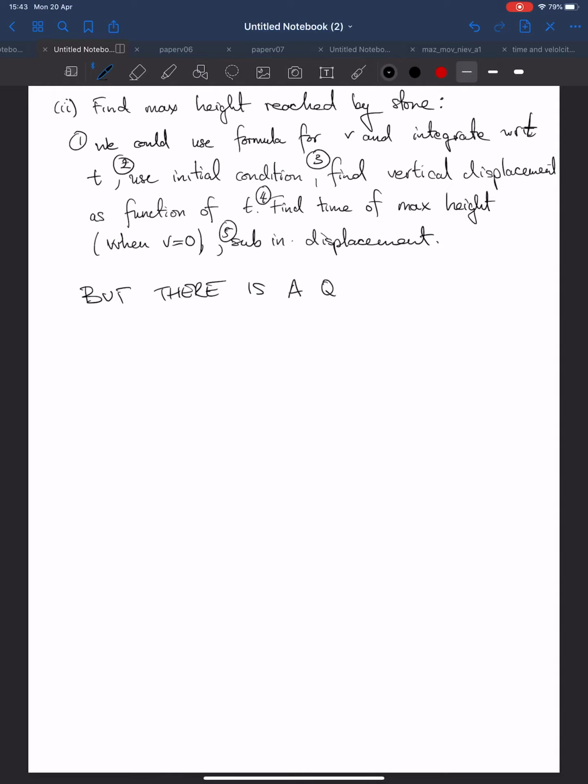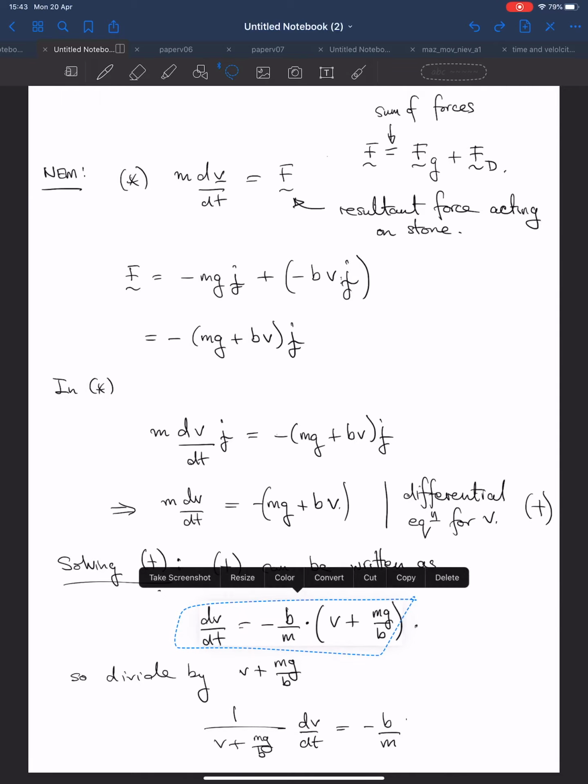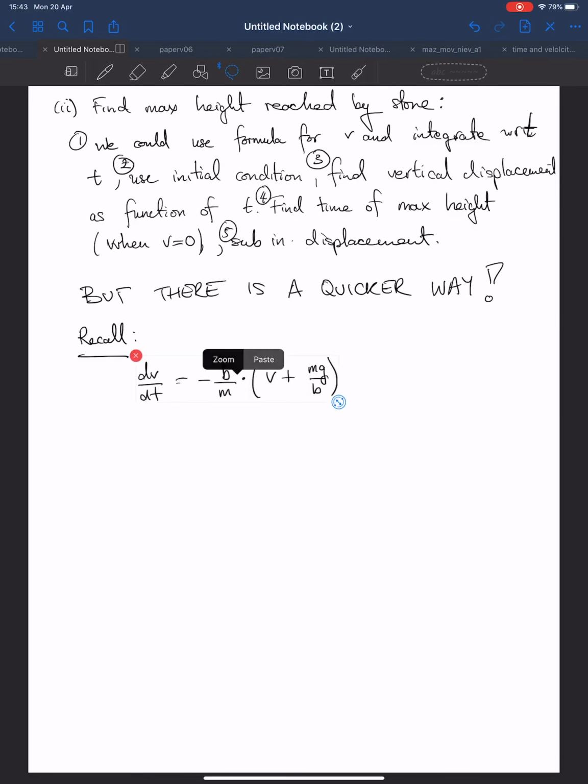Remember, what we did with Romeo and Juliet was to use related rates. So let me show you the quicker way. So recall, now let's go back and grab this. Recall that you have this equation. Now, on the left-hand side, I have the velocity.